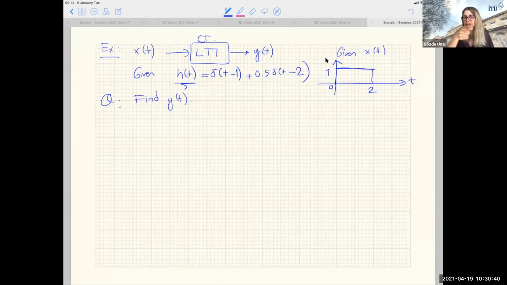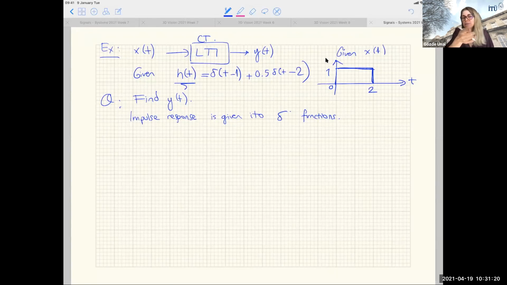Whenever the impulse response is given in terms of delta functions, if I can express the input signal by some known functions, I will easily be shifting those, because convolution by delta are shifts. They are delays, the impulse responses for delay systems.